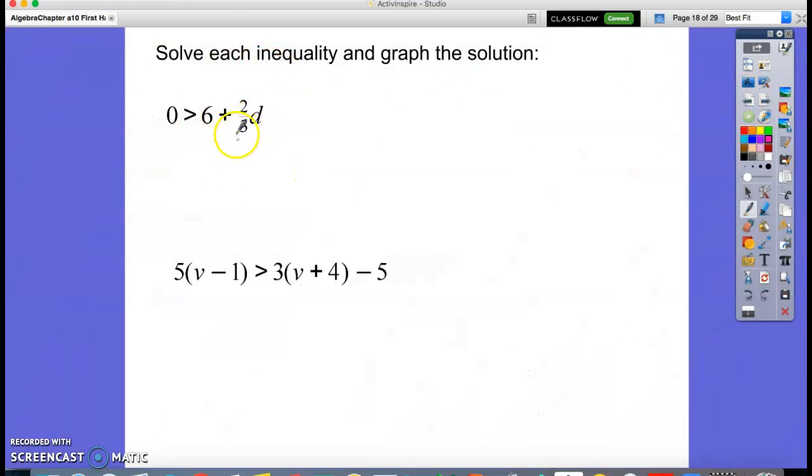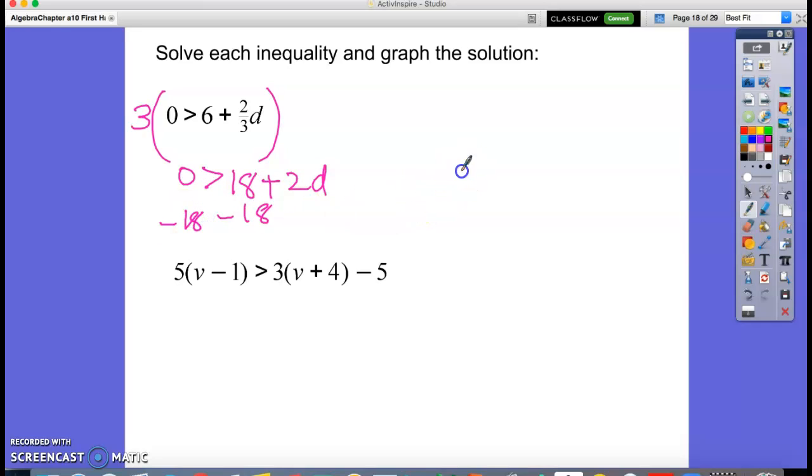Now, how do I solve it? I want to get rid of this 3 by multiplying the whole thing by 3. So I get 0 is greater than 18 plus 2d. Now I subtract 18 from both sides.